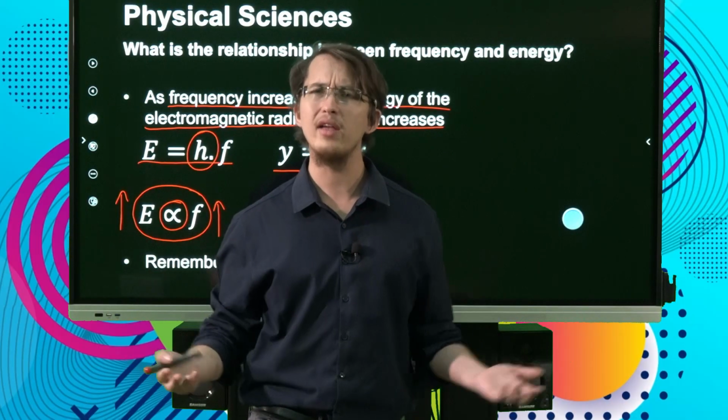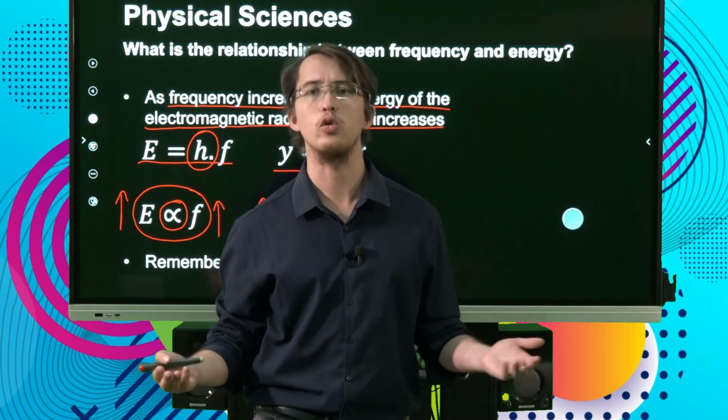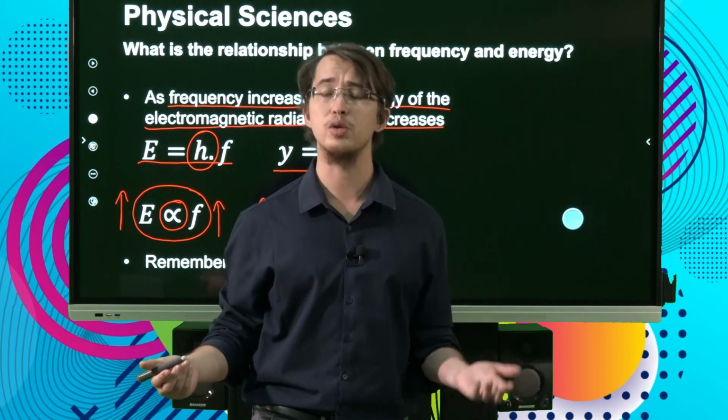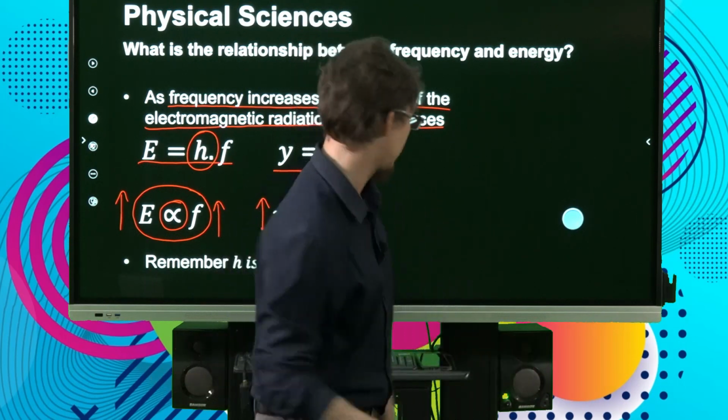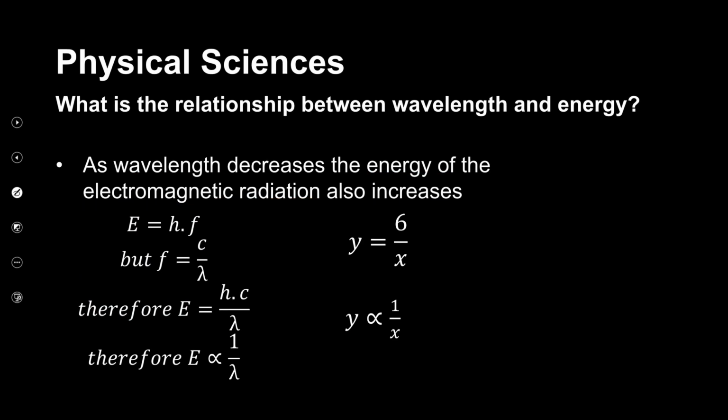But what about the wavelength of the electromagnetic waves we've been talking about as well? Is there a relationship there? Let's have a look. So from our formula, E is equal to hf, we are actually able to replace the value of frequency with c over lambda from our wave equation for electromagnetic waves.